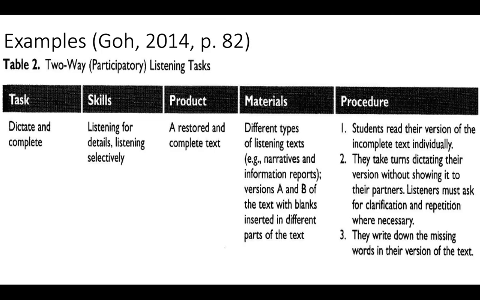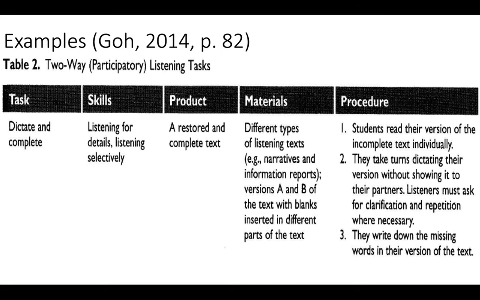Here are some examples of tasks that they can do in the classroom. The first task is dictate and complete. The skills are listening for details and listening selectively. The product is a restored and complete text. The material can be different types of listening text, for example a narrative or an information report.